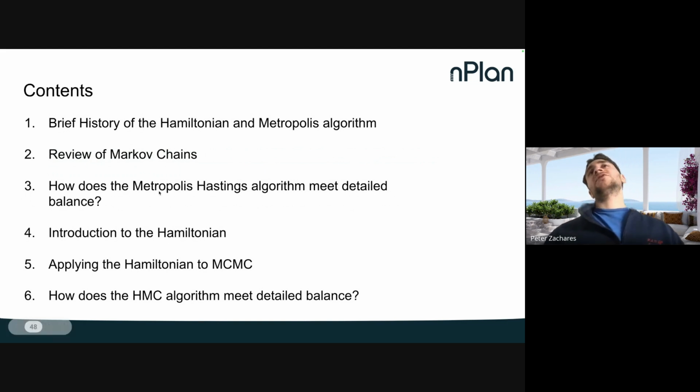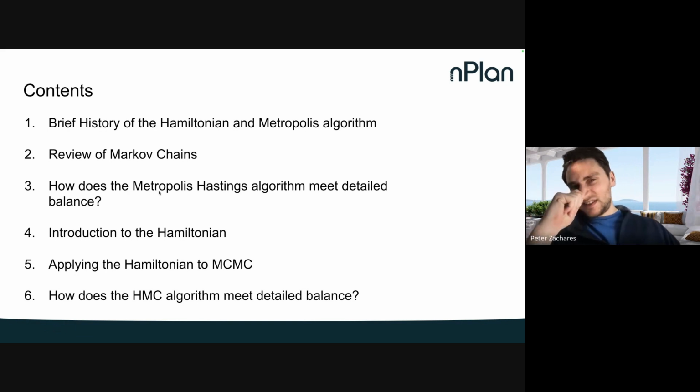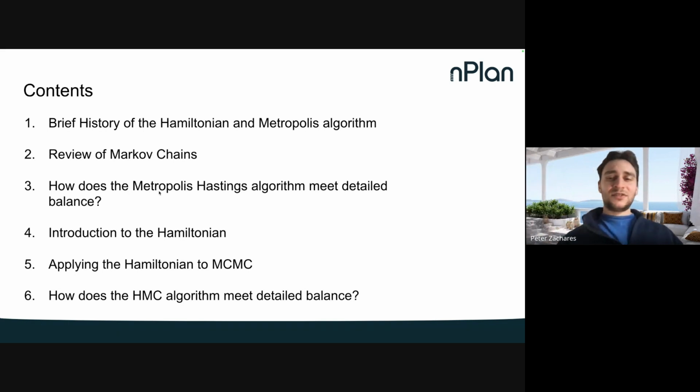How does the Metropolis-Hastings algorithm meet the detailed balance condition? I haven't told you what the detailed balance condition is yet, but if there was a heart to all of this stuff, it's the detailed balance condition. So we'll get to that.